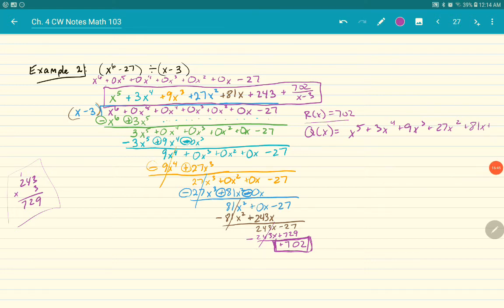And there's actually an easier way to do this one, which you might remember from your pre-lesson. So this one is special because my divisor is of the form x minus a constant. If I have a divisor of x minus a constant, I can use an abbreviated division.